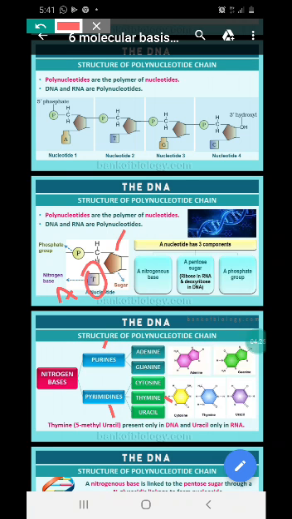Clear with me? Okay. Now, when this nucleoside combines with the phosphate molecule, it becomes a nucleotide. Clear, children? So, a nucleoside plus one phosphate group gives a nucleotide. Clear?